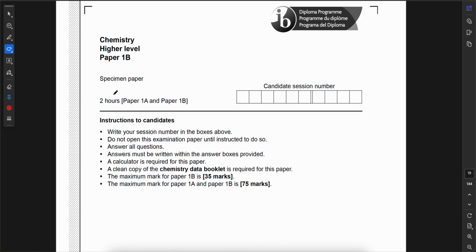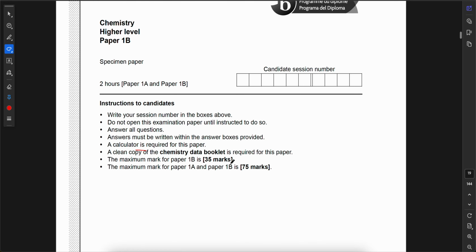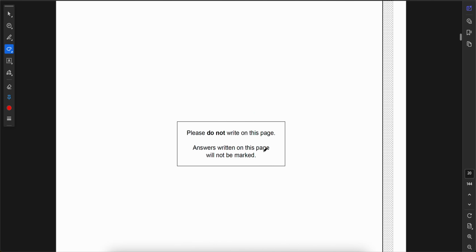Here, a calculator is required, and a clean copy of the chemistry data booklet is also required. The maximum mark for paper 1A and paper 1B is 75 for HL. Of course, the chemistry data booklet will be provided by your school, and a clean one.